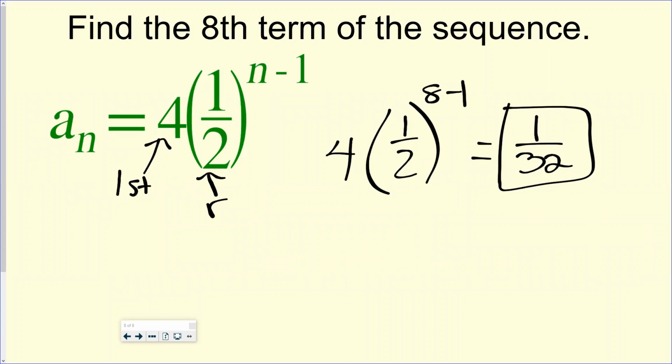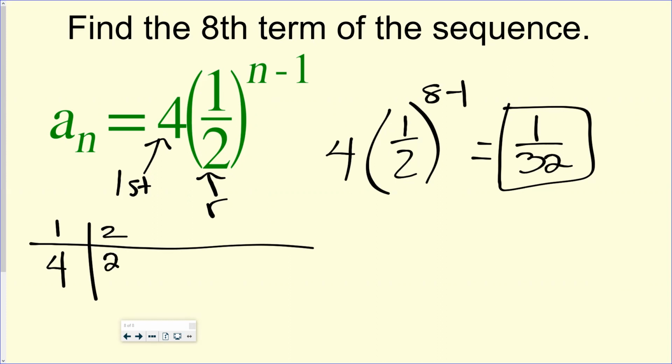If I had actually done the recursive rule, I would have seen the same thing. My first term is 4. My second term, 4 times 1/2 is 2. Third term, again, times 1/2, still gives me 1. My fourth term times 1/2 gives me 1/2. My fifth term gives me 1/4.